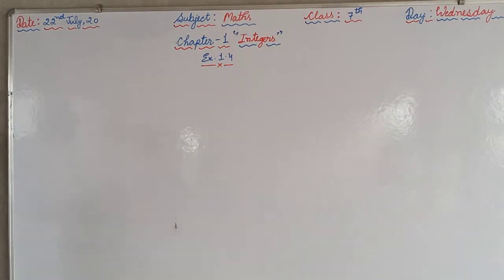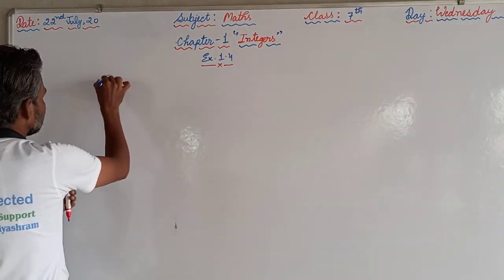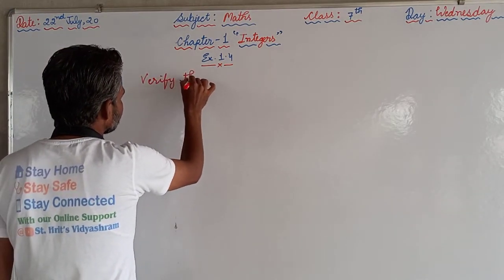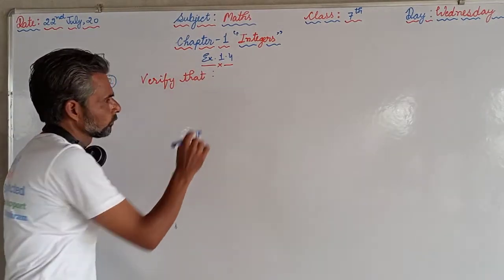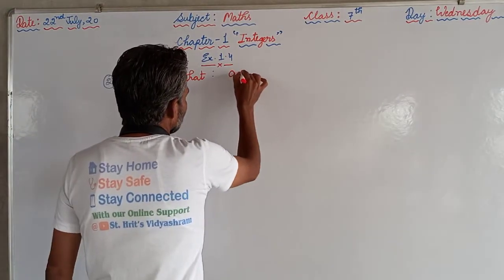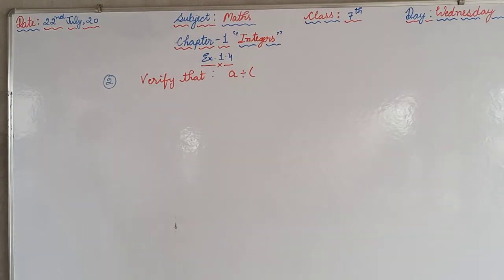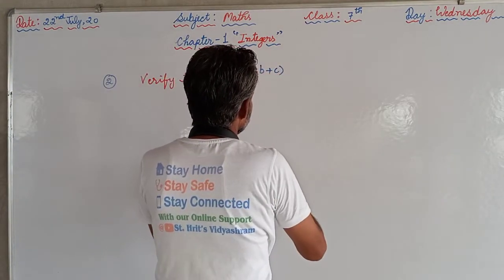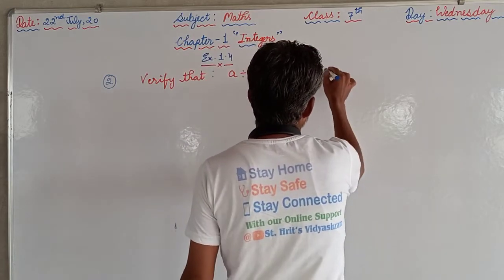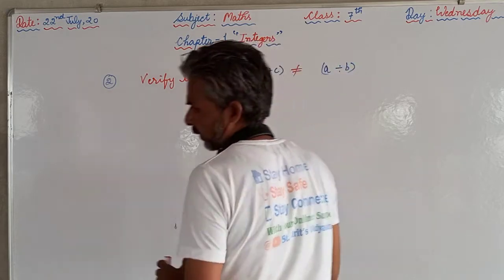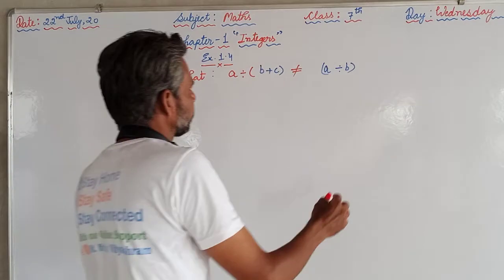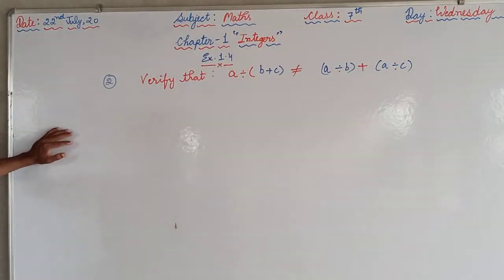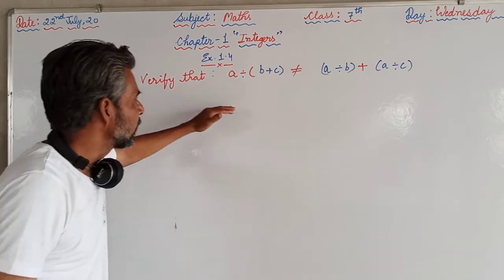We are supposed to verify that A divided by (B plus C) is not equal to A divided by B plus A divided by C. This means the whole numbers are not closed under the distributive property under division.